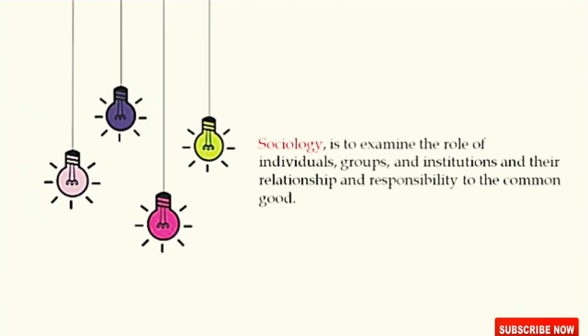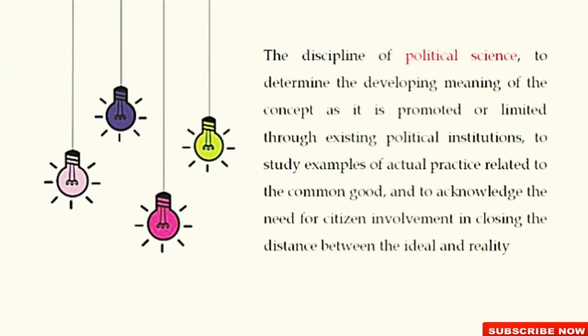Sociology is to examine the role of individuals, groups and institutions and their relationships and responsibility to the common goal. The discipline of political science, on the other hand, is to determine the developing meaning of the concept, how it is promoted or limited through existing political institutions, to study examples of actual practice related to the common good and to acknowledge the need for citizen involvement in closing the distance between the ideal and reality.